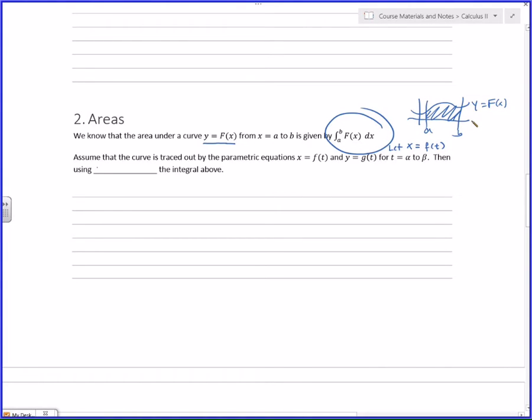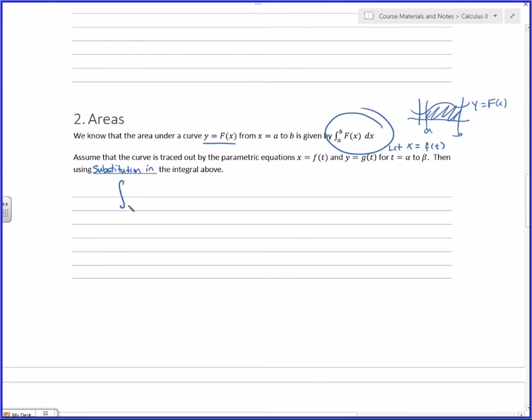Just like when we did trig substitution, we assigned x to be something in a different variable. That's the same idea. Let x equal f of t. I'm going to write it out in just a second. So I'm using substitution in the integral above.